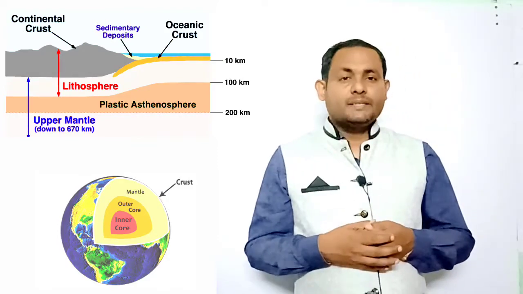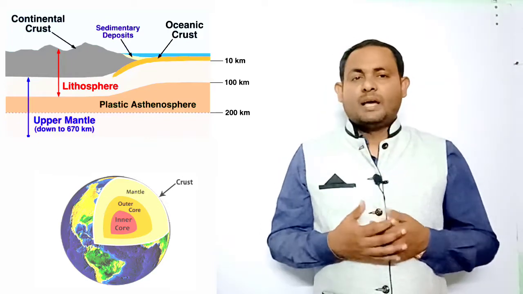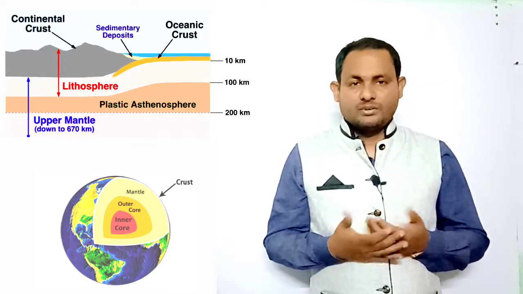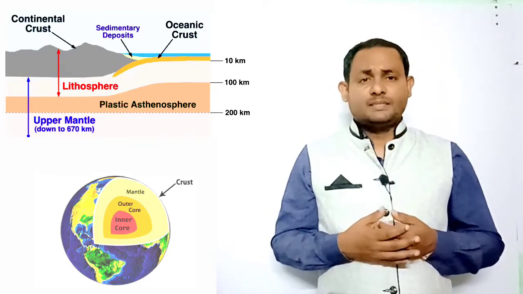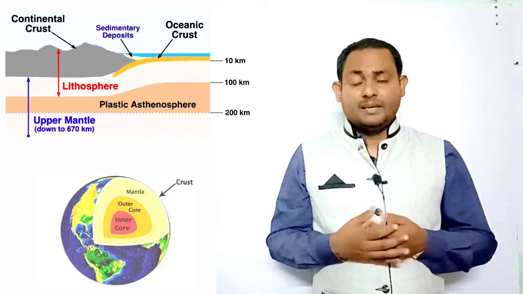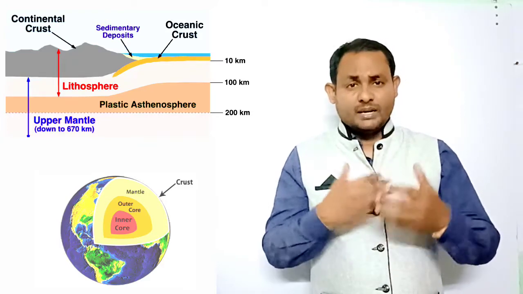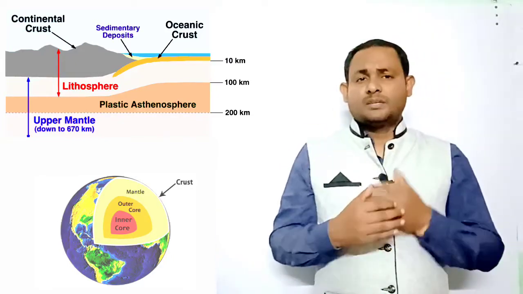And next important point, the oceanic crust is denser as compared to the continental crust, and the continental crust has a mean density of 2.7. It is mainly composed of silicon and aluminum, and therefore it is often termed as Sial.